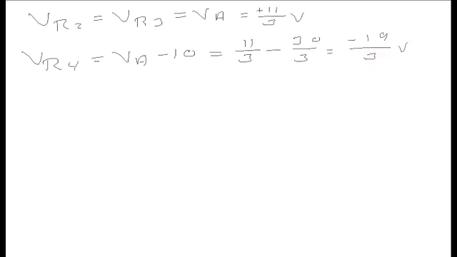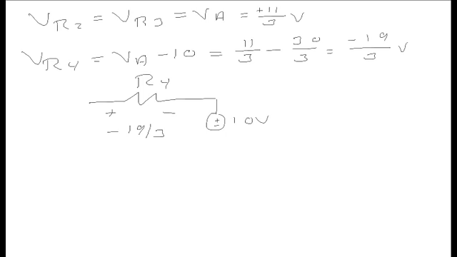I could leave it in as a negative, but typically we prefer positives. So what does this mean? If this is R4, the polarity that I assumed had the positive here and the negative there. Remember, this is going to the 10 volt source. However, I ended up with negative 19 over 3 volts.